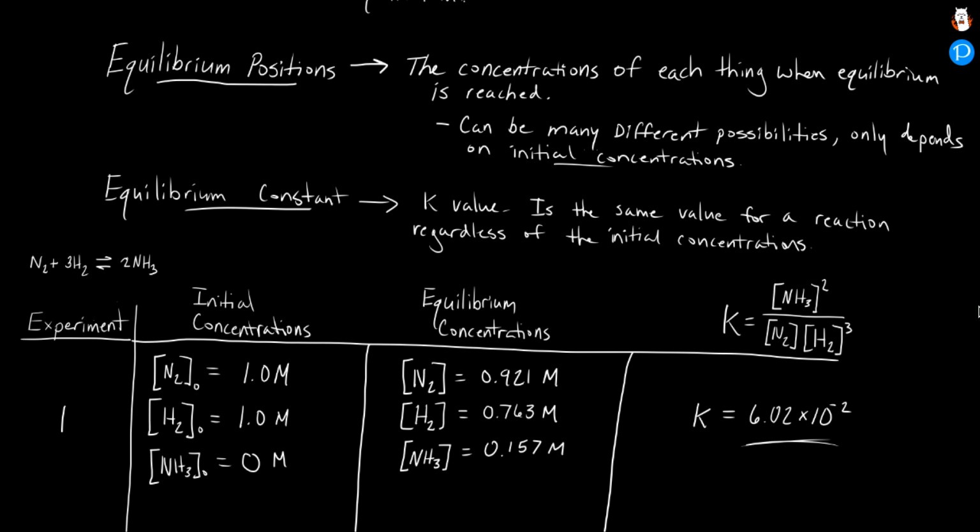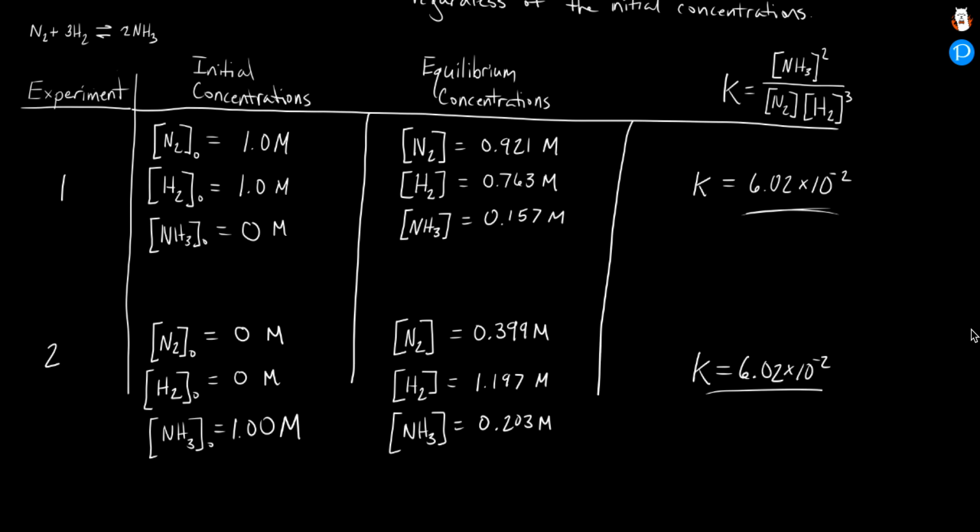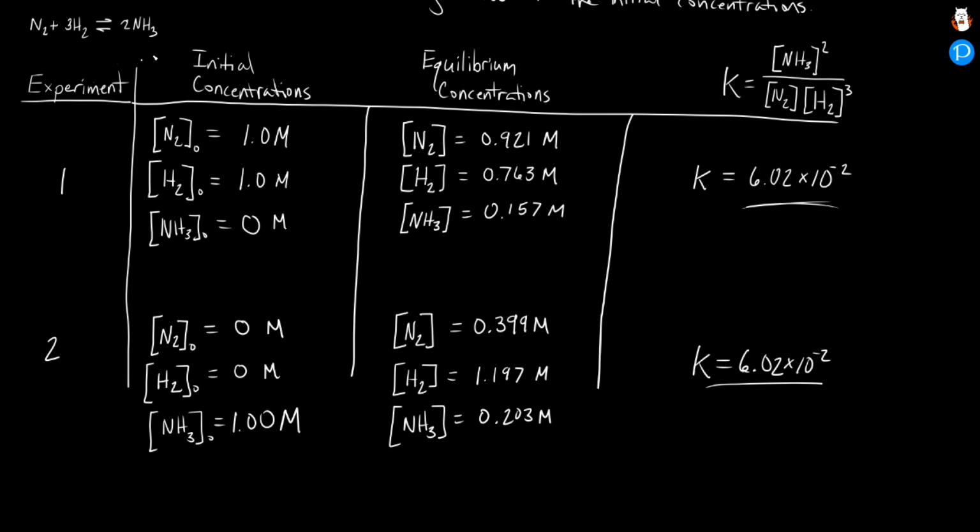We can look at an example of this using this reaction right here. So here's our expression for it. Let's say we do two different experiments where we vary the initial concentrations. In experiment 1, we start with 1 molar of each of these and none of this.